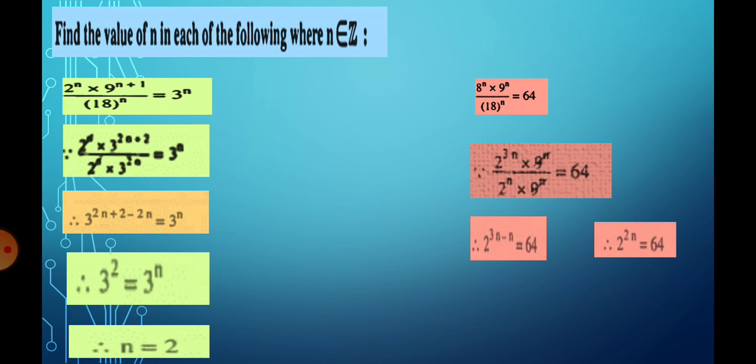Then we find 64 equals 2 to the power 6. Then 2 to the power 2n equals 2 to the power 6. The bases are equal, then 2n equals 6, then n equals 3. Thank you and goodbye.